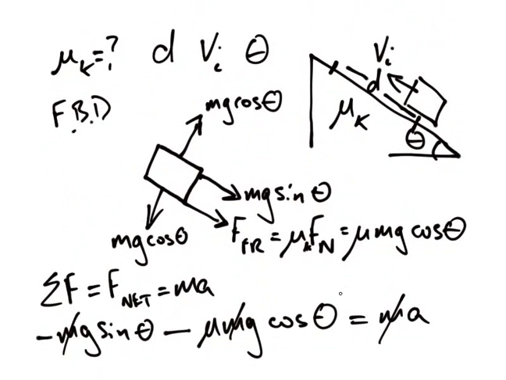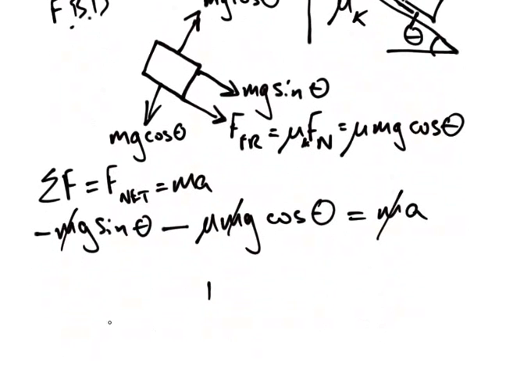Now how does that benefit us? After all, we want mu as a function of d, v, and theta. Well, we have theta, but what about d and v?